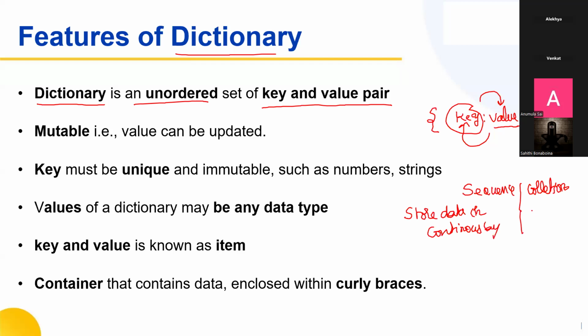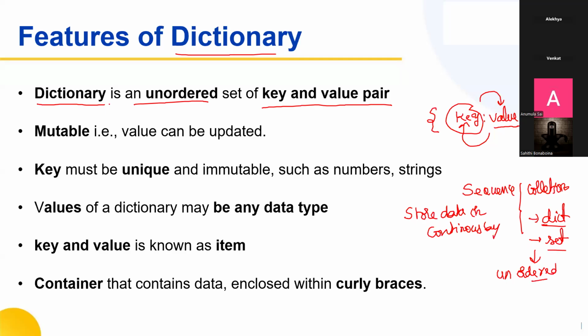In collections, there are two data structures used. The first one is dictionary and the second one is set. These two are called collections, and the basic important rule is that they are unordered. Whatever data we store in the dictionary as well as the set, the data is unordered.